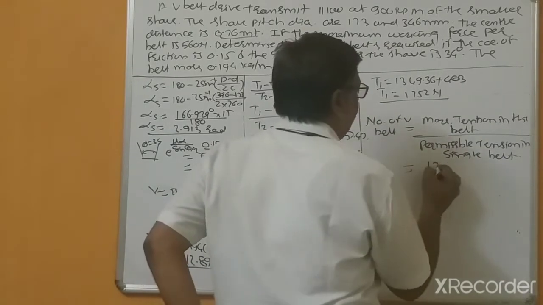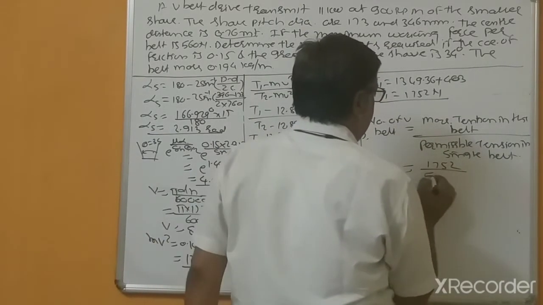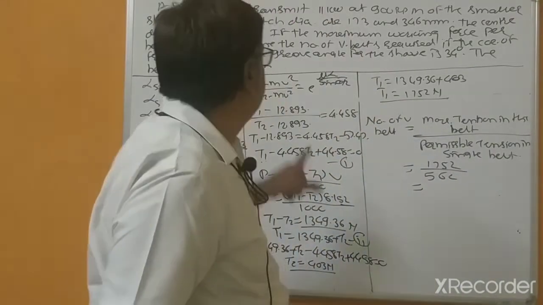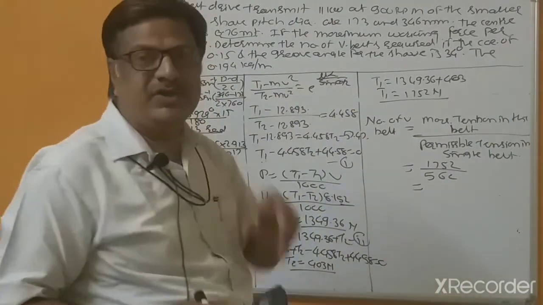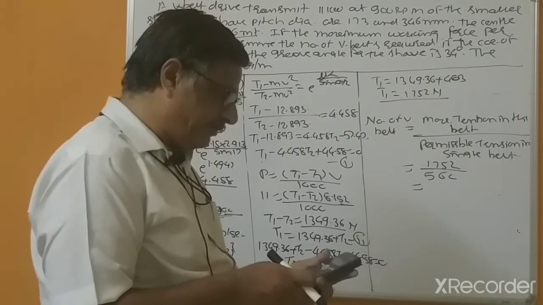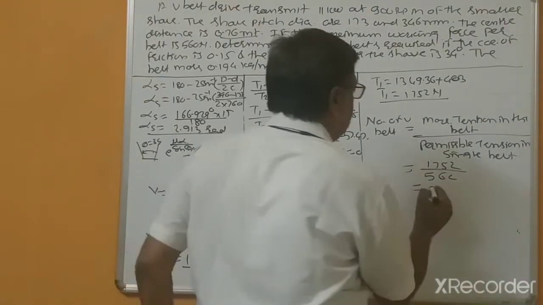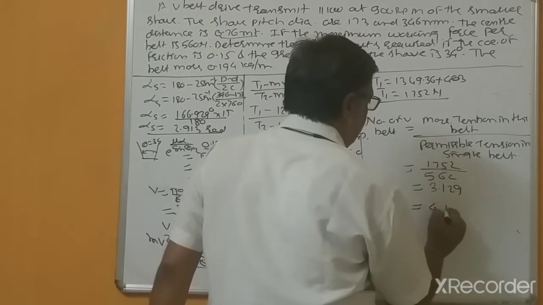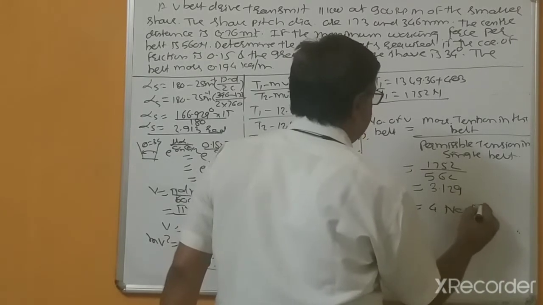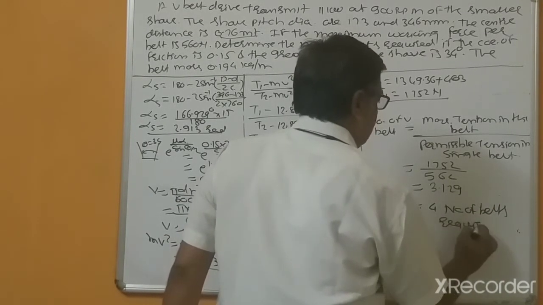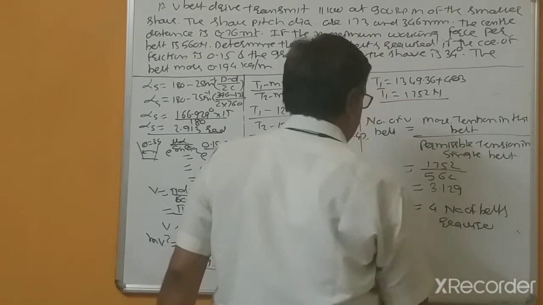This is 1752 divided by 560, because the tension allowed in one belt is 560. This equals 3.129, so 4 V belts are required. This is your answer.